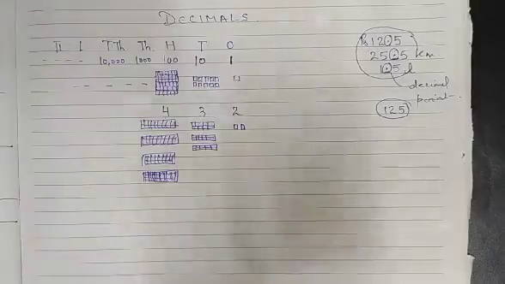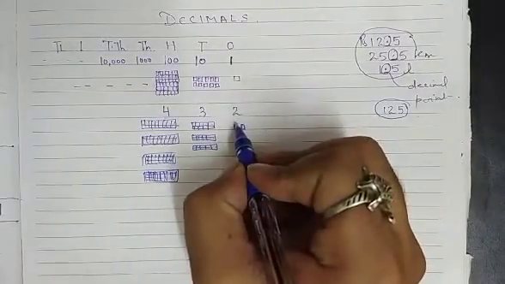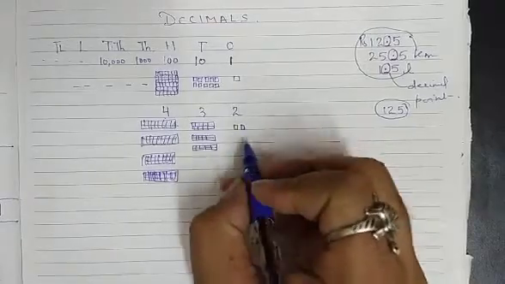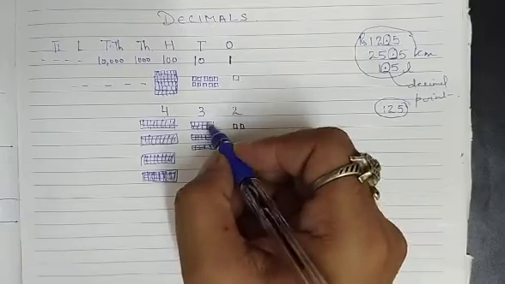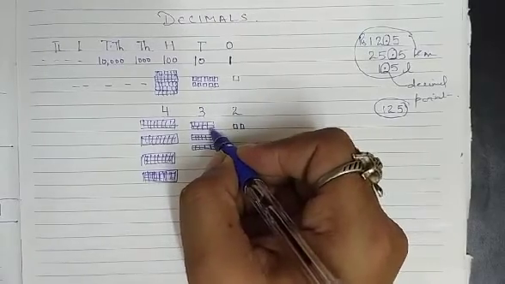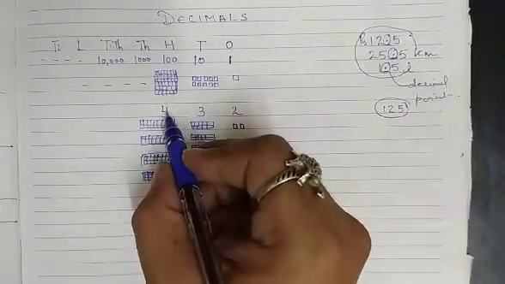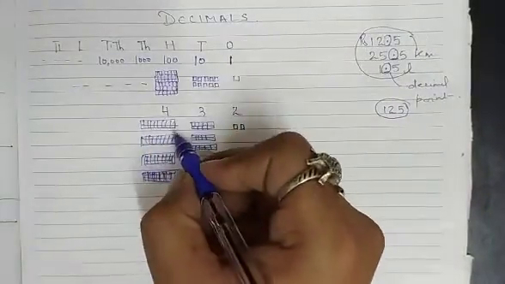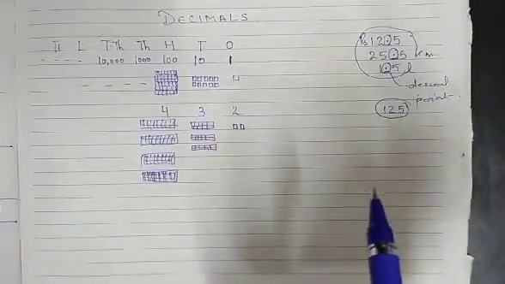Now we can write it as 432. So 2 has its place value as ones, so 2 pieces of chocolate. 3 tens means 3 boxes of 10 chocolates. 400 means 4 blocks of 100 chocolates.